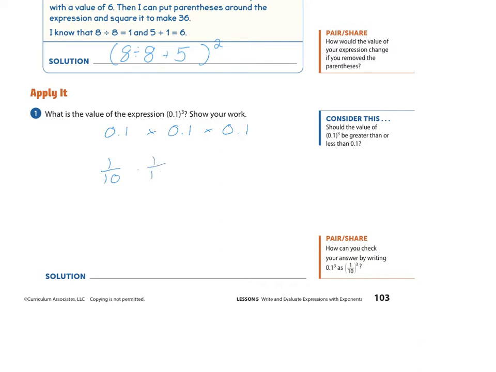So if I use this as a fraction, 1/10 is just 1 over 10. 1 times 1 times 1 is 1. 10 times 10 times 10 is 1 with 3 zeros. So that's 1 over 1,000. Looking at this then, 1 in the thousandths place. So 1 in the 1,000ths place would get me the answer of 1,000th.